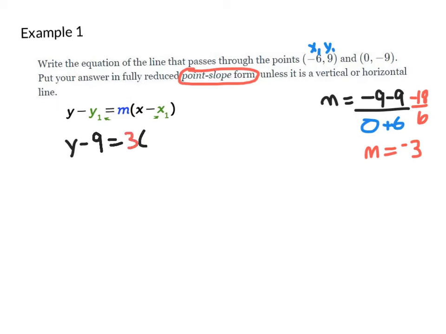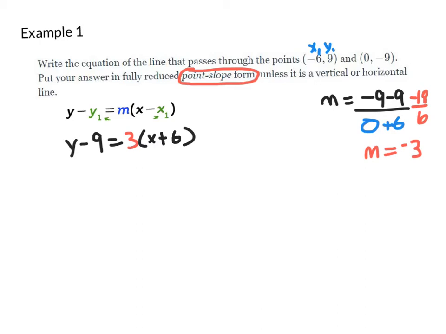And then we have in parentheses x minus, because that's a part of the point slope form. But we're going to plug in x1. Now our x1 here is a -6. Well, x minus -6 is going to become +6. So I'm just going to write that as +6.